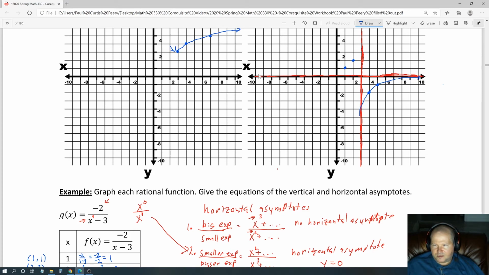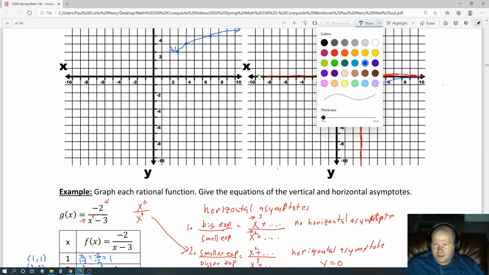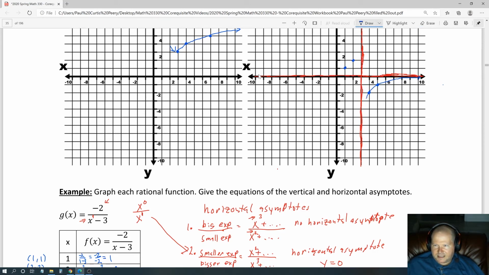It's going to approach but never pass this one either. I'm not very good at drawing. Okay, so that goes off that way. Same thing on this one, it's going to go up, approach but never touch, go this way, approach but never touch. And sure enough, that confirms what we wrote there for the horizontal asymptote and the vertical asymptote.